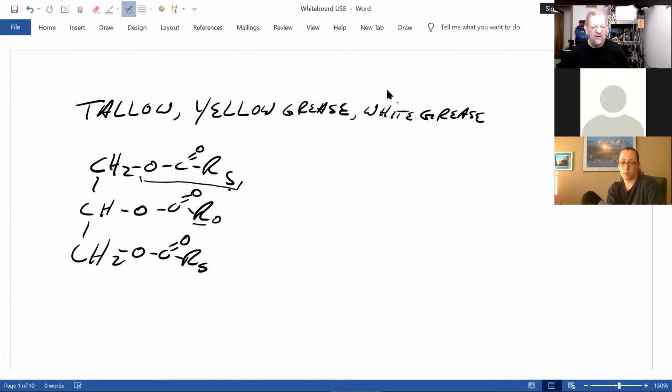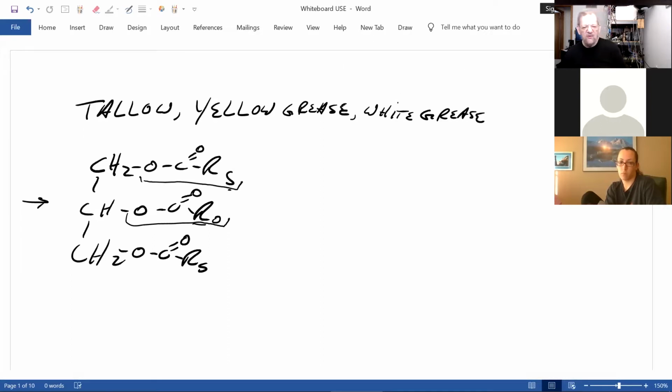O means this will form oleic acid. Now, in real life, there's about a 50-50 mixture of stearic and oleic in tallow, yellow grease, white grease. But how can you show on a simple molecule 50-50 when there are three of them? You can't. So this is a good approximation. I could have put OSO or OSS, but SOS is Dr. White's little joke, save our ship.